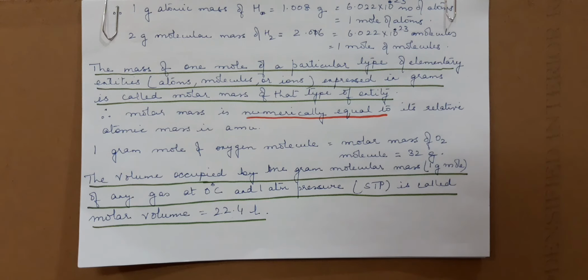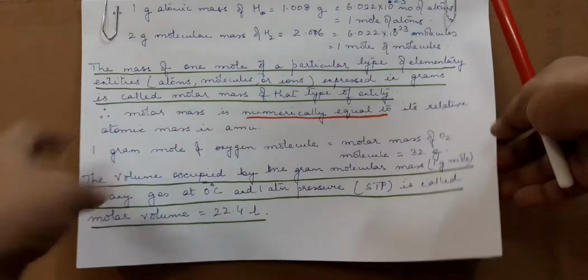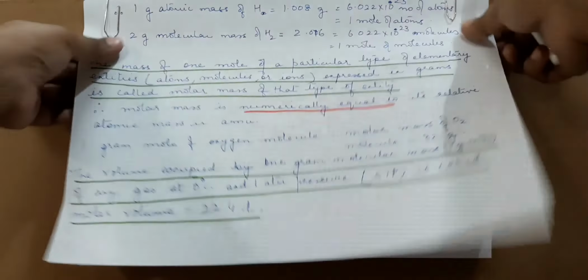So the gram molecular mass of any gas at 0 degree and 1 atmosphere pressure, which is supposed to be the STP, standard temperature and pressure, is called its molar volume. And molar volume would be 22.4 liters. Okay, these are certain numbers which you have to remember always.